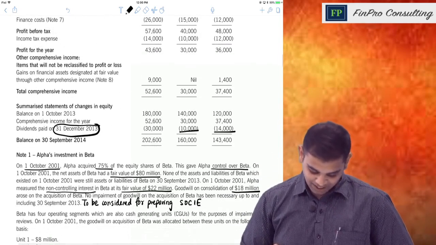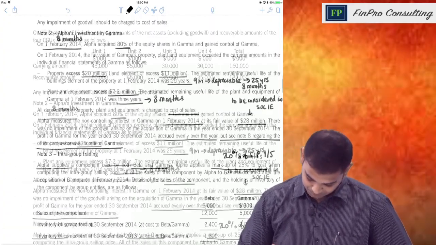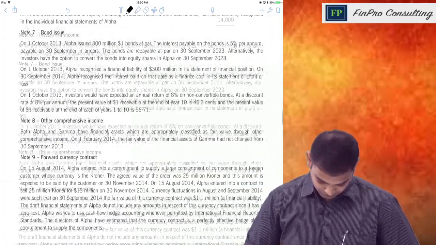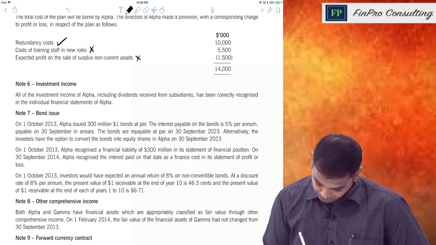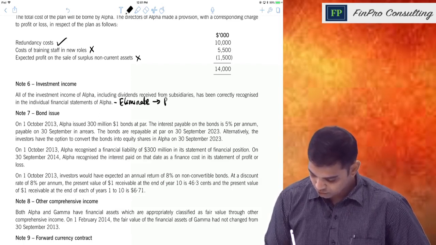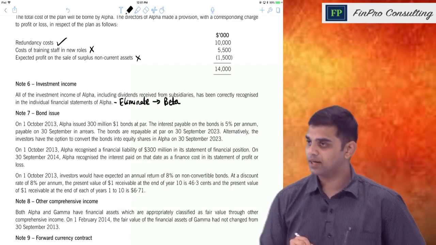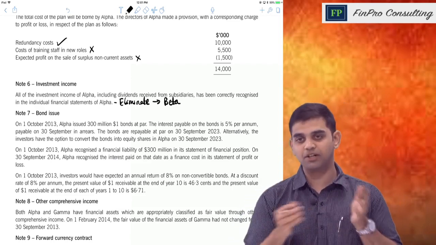And that will come only with practice. So what we'll do is, we'll only eliminate for Beta. So you know that the dividend declared by Gamma has to be ignored because it is received pre-acquisition. I mean, it is not received by Alpha at all.